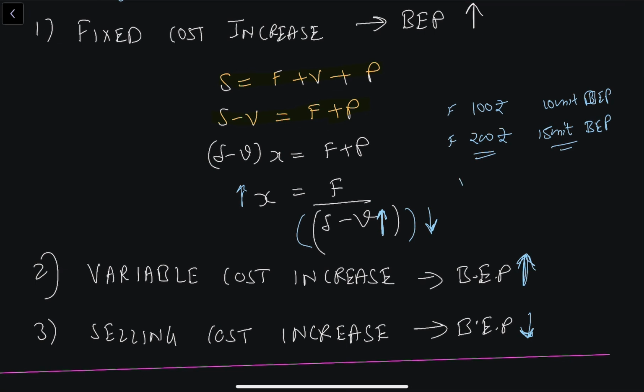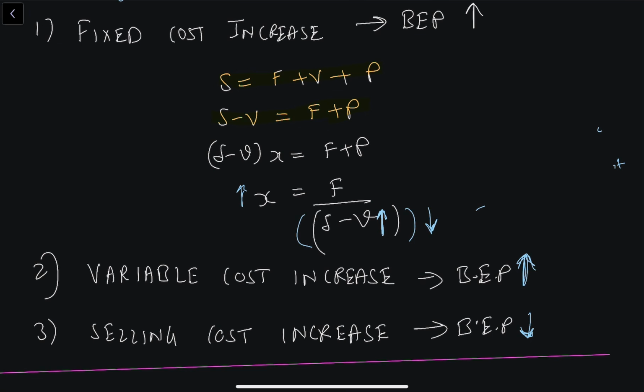For example, with the variable cost, we had to sell 10 units. Now tomorrow you increase the variable cost to 200, then definitely your break-even point will also increase, because you need to sell more units to get the same profit at the same selling price.